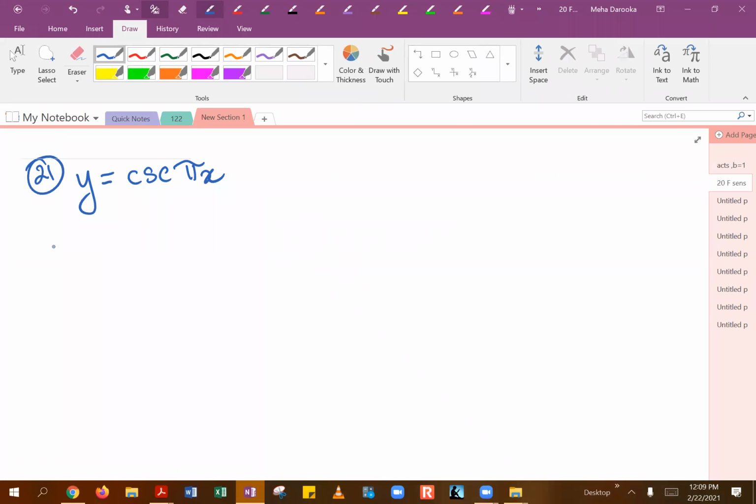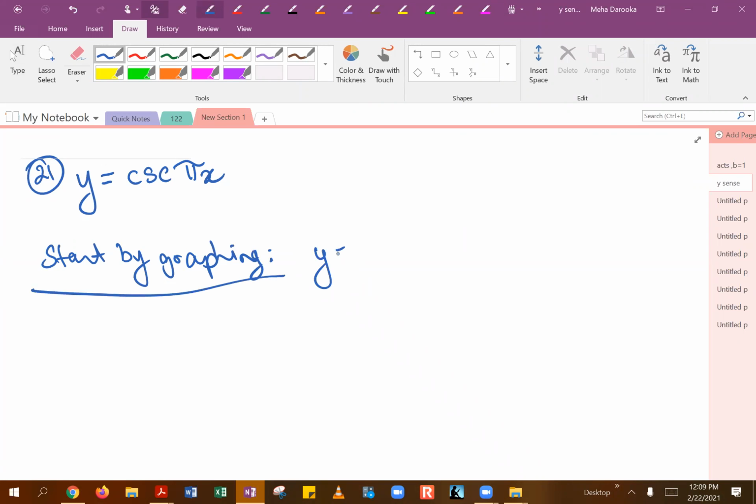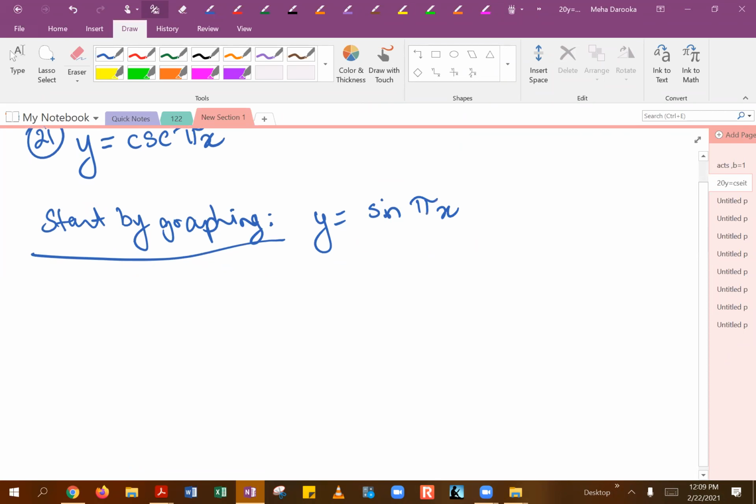Like we saw in the example, we are going to start by graphing y equals sine. Remember, cosecant begins with a c, so we know its reciprocal is going to begin with an s. That tells you it's going to be the sine function. So we're going to graph sine of pi over x.